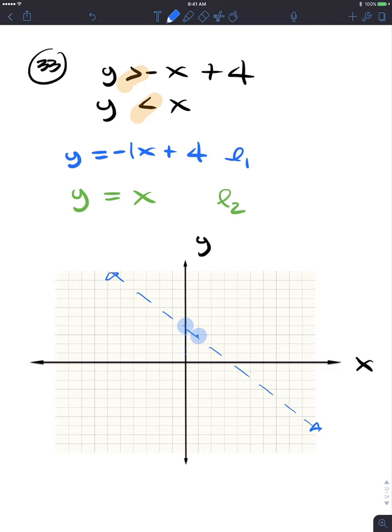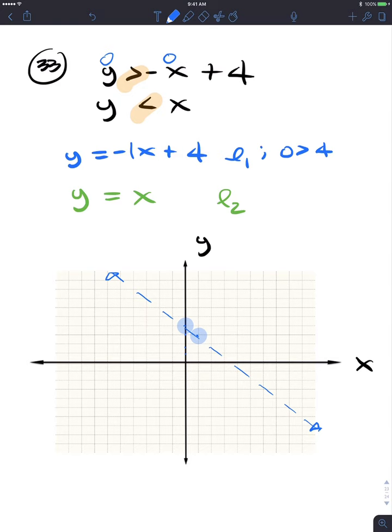Now I'm going to determine what to shade for the blue dotted line. Again, the origin is available, (0, 0), so I'm going to test that. Origin means x is 0, y is 0. For this inequality, I'm really testing whether 0 is greater than positive 4. 0 greater than positive 4 is a false statement for our origin test point.